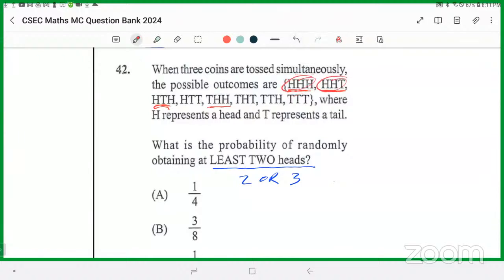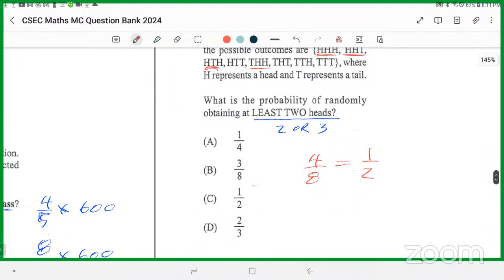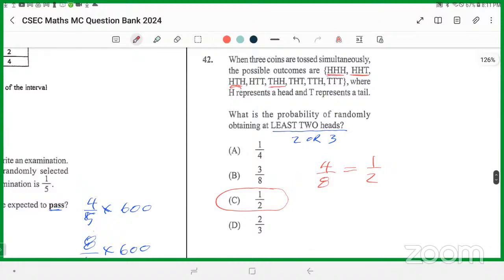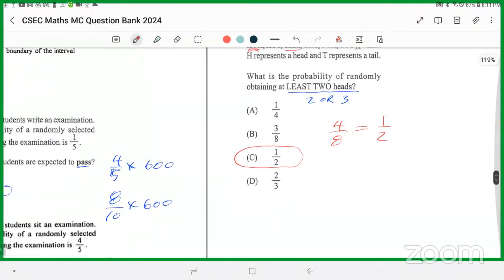So it's 4 out of 8, which is a half. So probability becomes a half. At least 2 heads means 2 or 3 heads.